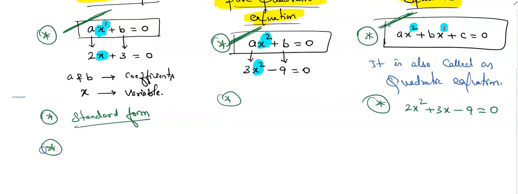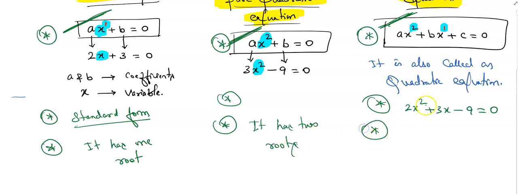Okay, and next point, here what is the highest degree? 1. So it has one root. Root means answer, solution. Here we get only one answer in linear. In pure quadratic equation, what is the highest degree? Highest degree is 2. So it has 2 roots.